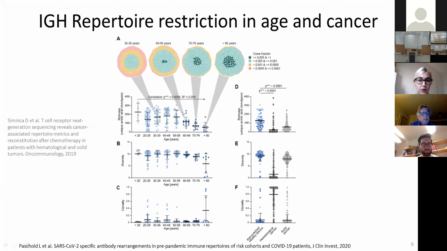Richness and diversity decrease in age, and especially from 60 years onwards, you can see the decreasing richness. And in cancer patients, this effect is even more dramatic.